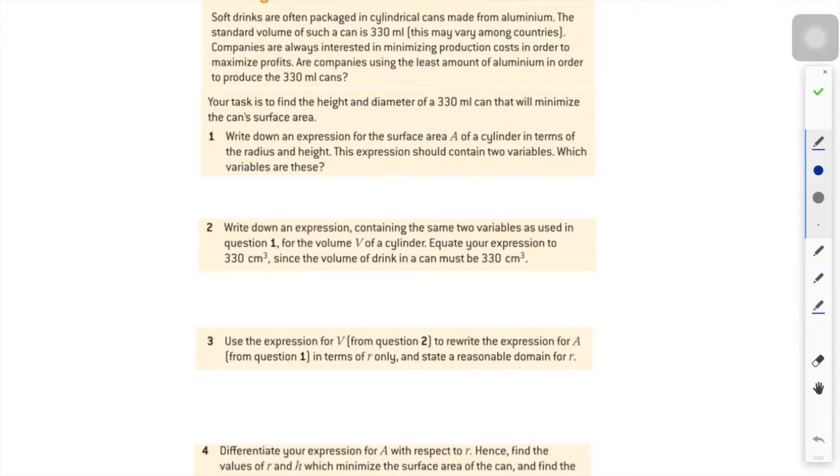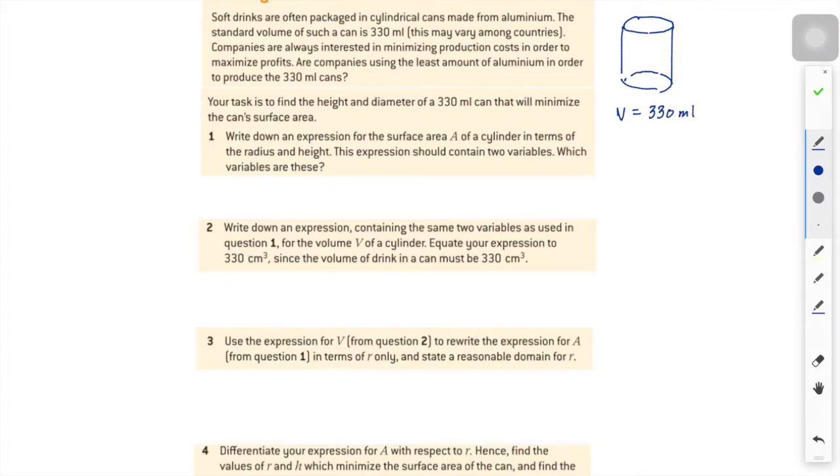Number 1. Write down an expression for the surface area A of a cylinder in terms of the radius and height. This expression should contain two variables. Which variables are these? For questions like this, I always begin by drawing a diagram and labeling the important dimensions on it. So we know that we're dealing with a cylindrical can, and this can holds a volume of 330 milliliters or cubic centimeters.